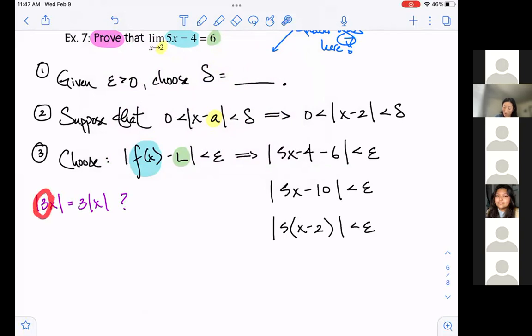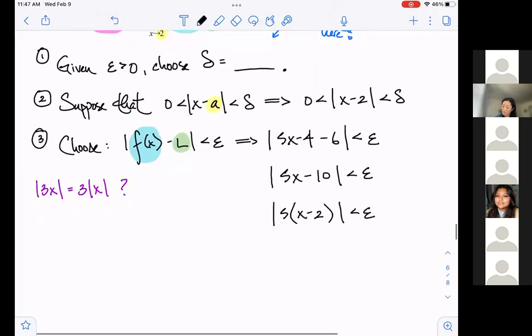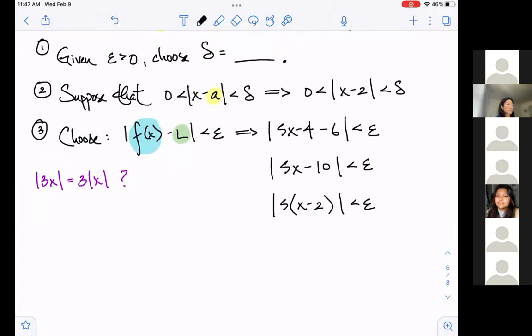So if we have a number in here that's multiplied by a bunch of other stuff, we can take that constant out to the front. How might we apply this on this line? Just move the 5 outside the absolute value. Great.